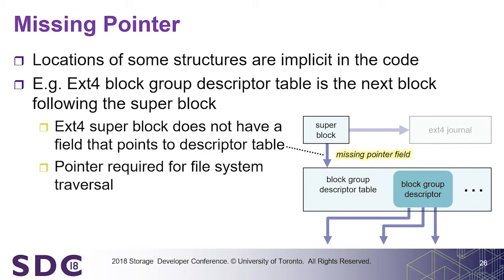The location of some structures are implicit in the code and not part of the structure definition in header files. For example, the ext4 block group descriptor table is the next block following the superblock, but the ext4 superblock does not have a field that points to this descriptor table. However, we need such a pointer to traverse the file system.